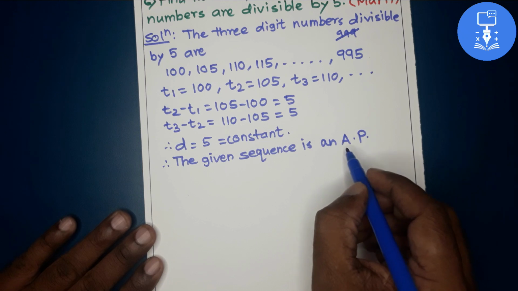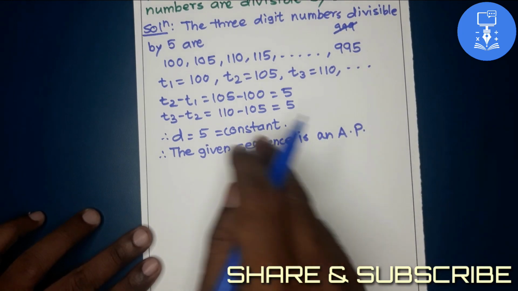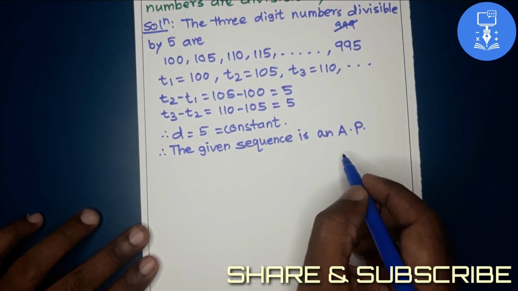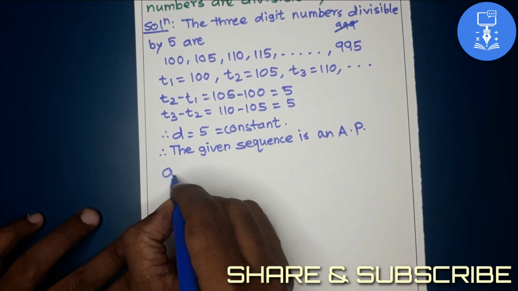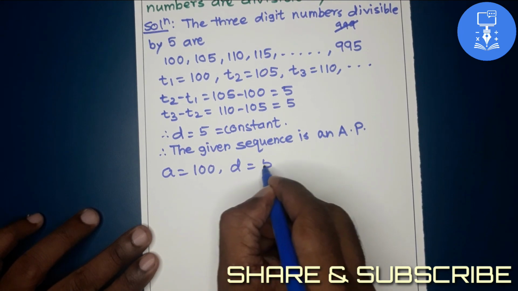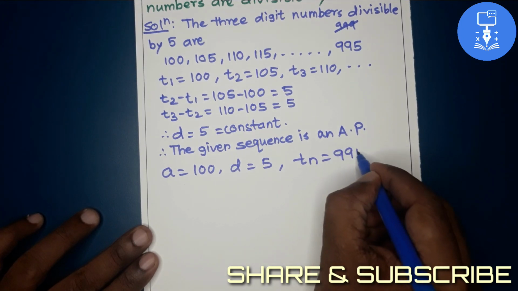Now that we have first proved that it is an AP, let's find how many terms, that is, we have to find n. So we have a is equal to 100, d is equal to 5, and Tn is equal to 995.